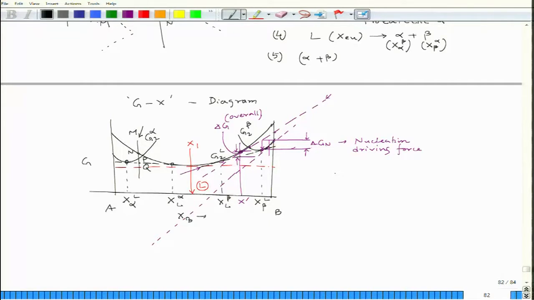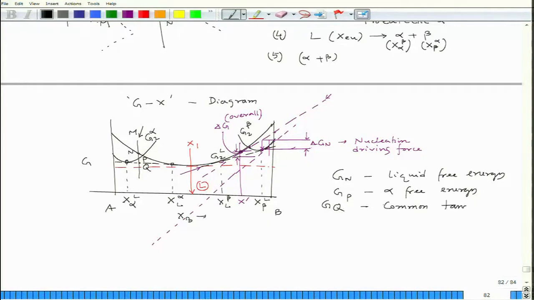Gn is the liquid free energy, Gp is the alpha free energy, and Gq is the common tangent free energy, since Q point is lying on the common tangent line.